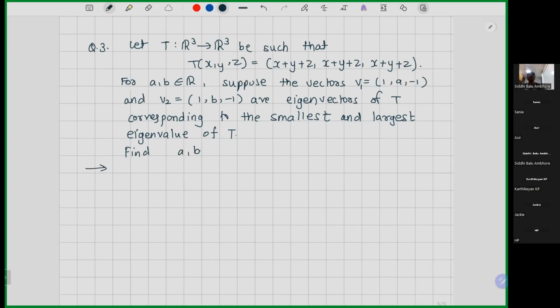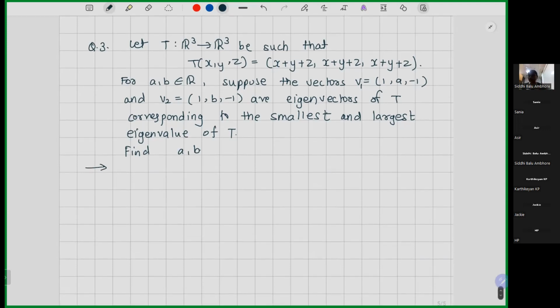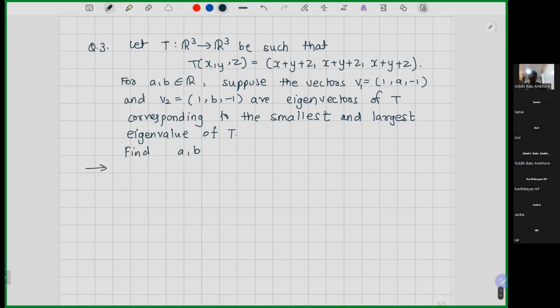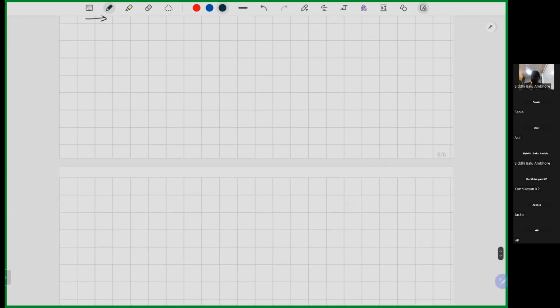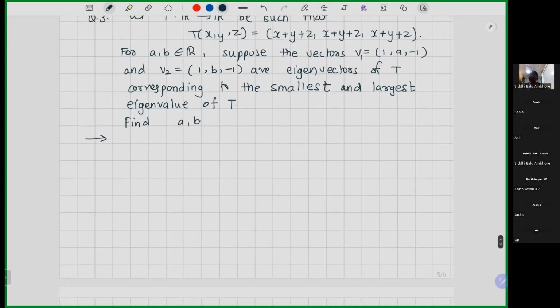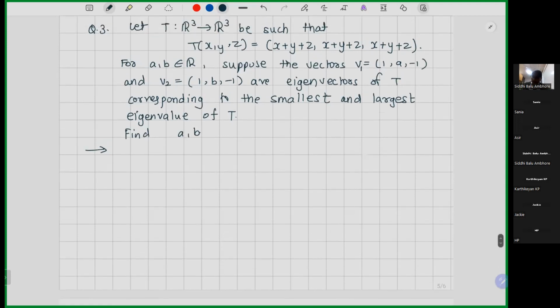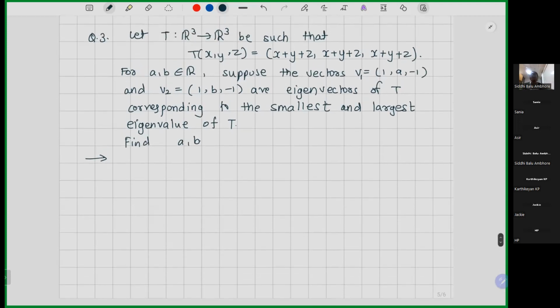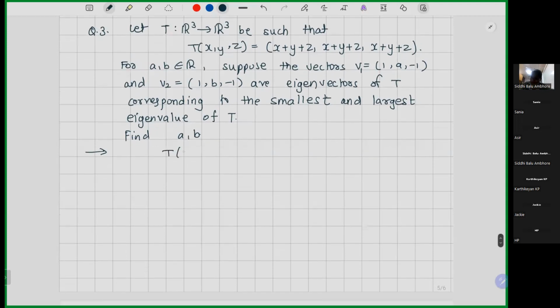Since they have given information with respect to the smallest and largest eigenvalues of T, we will first calculate the eigenvalues of T. For that, we have to obtain the matrix of the linear transformation T. So let us start, working with the standard basis. T of (1, 0, 0) is (1, 1, 1).